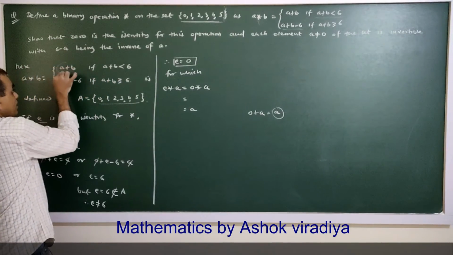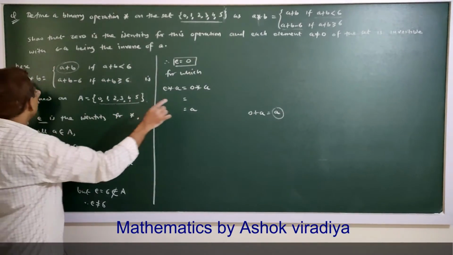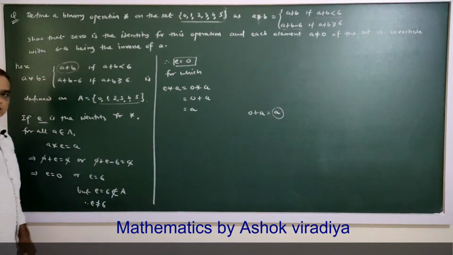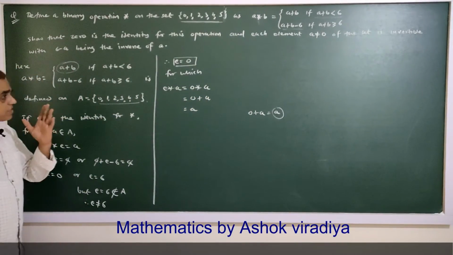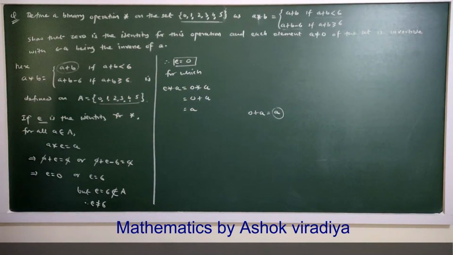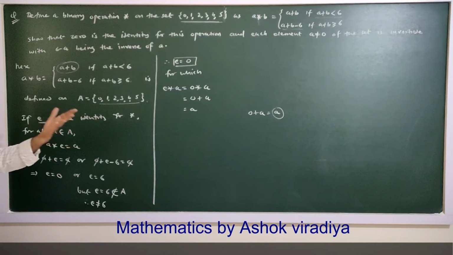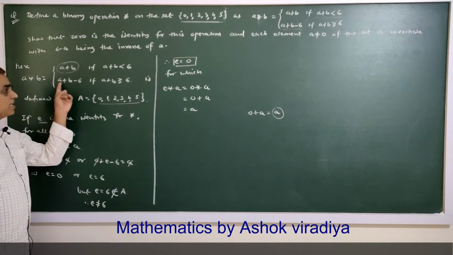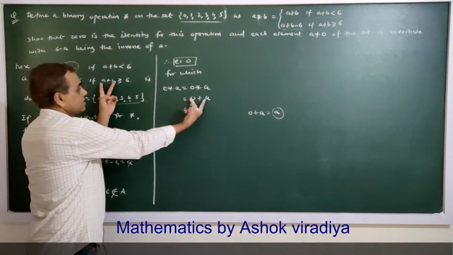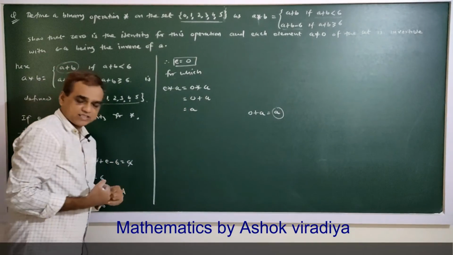So we use this formula. So 0 star A is 0 plus A, because 0 plus A is less than 6. It is equal to A. We don't use the other formula because the sum of these two numbers is not more than 6.